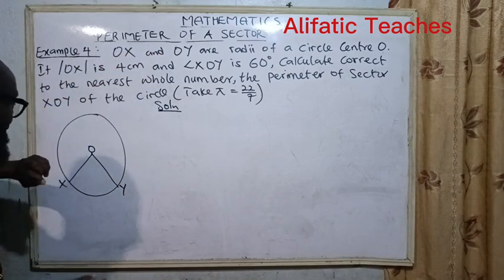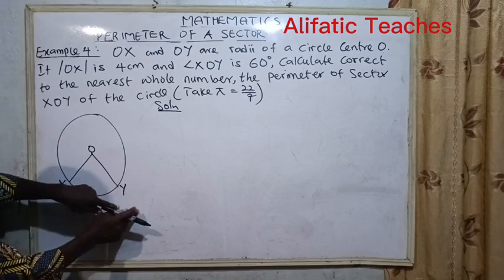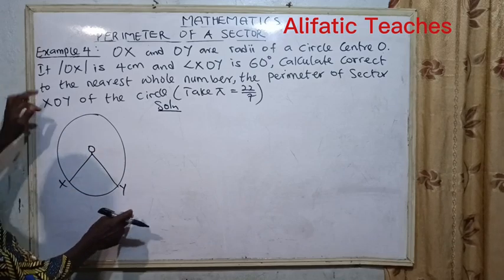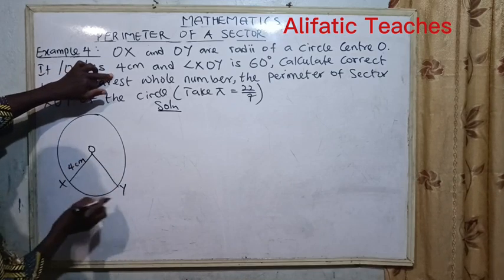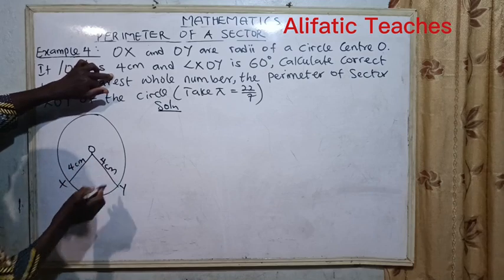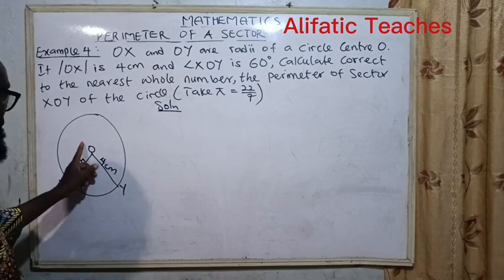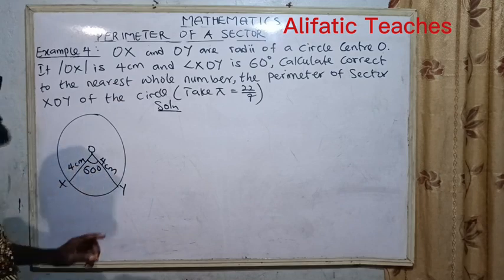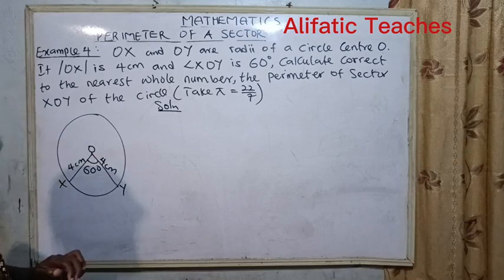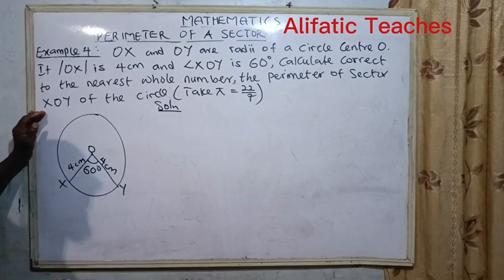OX and OY are radii. OX, OY, they are radii. Where that OX is 4 cm, definitely this one also will be 4 cm. And angle XOY is 60 degrees. Calculate correct to the nearest whole number the perimeter of sector XOY.